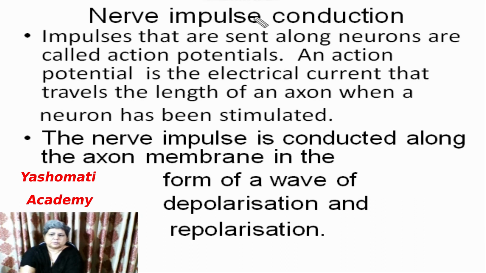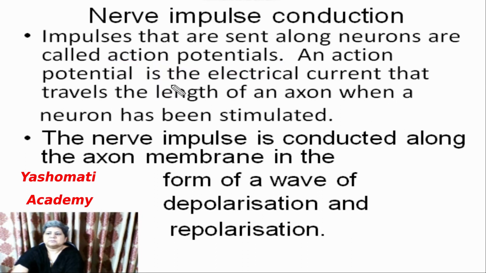In this portion we are going to study how the nerve impulse is generated, or what makes the neuron get excited, and how it goes from one part to another. Nerve impulses that are sent along the neuron are called action potentials.